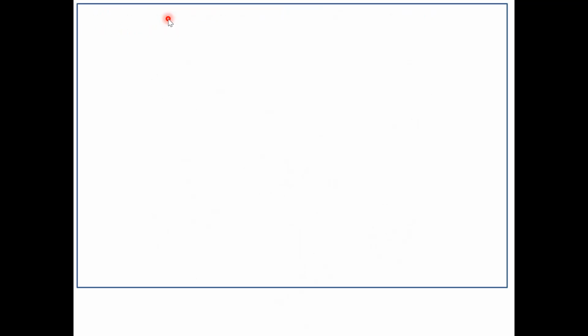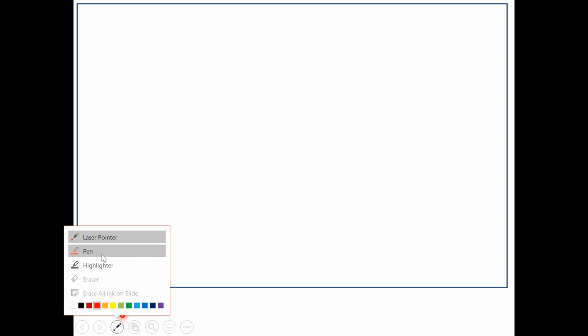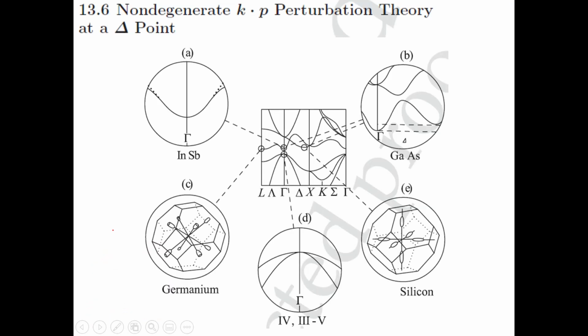So let's see now how we can use group theory to analyze that. As a matter of fact, in silicon, the symmetry of this particular band, which is the lowest energy conduction band, is delta 2.